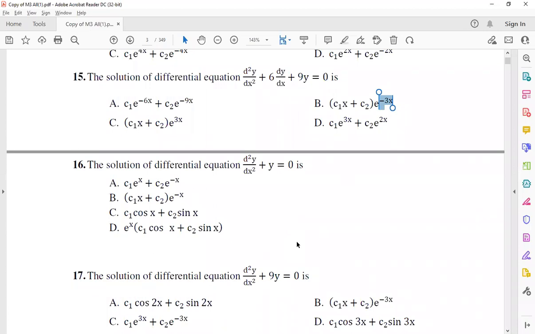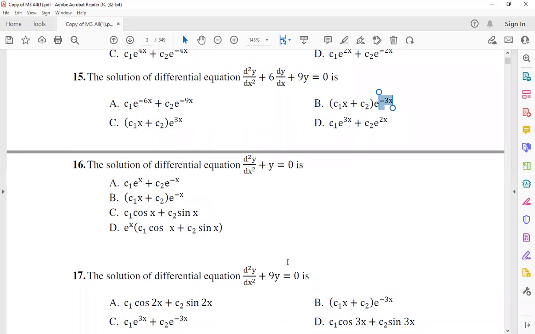Plus minus i. Is it plus minus i? Okay, what is alpha? 0. I comes now, right? So cos and sine come. Once i comes, cos and sine come. So e raised to 0x does not need to be written. In brackets, C1 cos beta, beta is 1. So C1 cos 1x, C2 sin 1x.